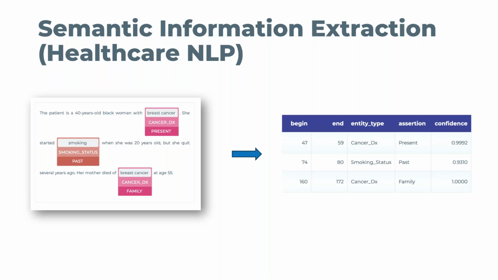We can apply assertion status, which is very relevant for our use case, because we are interested in what is present, meaning that the patient has some condition or some procedure was performed on the patient and not on somebody else, or not in the past, let's say, as an example.